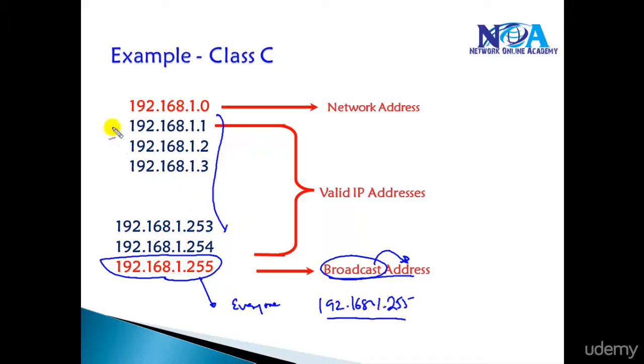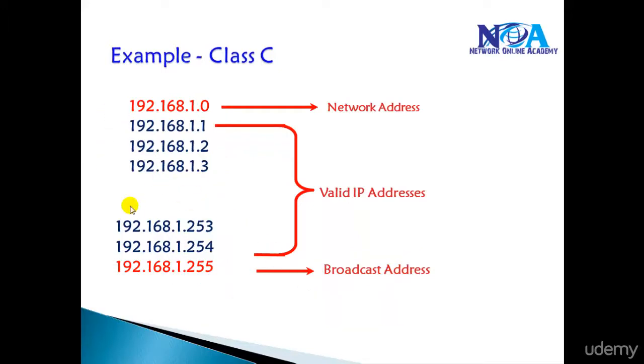If you send to this address, it will be sent to all the devices in the network. The first address is reserved for identifying the complete network, and the last address is reserved for broadcasting within the network. So these two addresses we cannot assign to any device in the network. Whatever addresses are in between will be referred to as valid addresses.